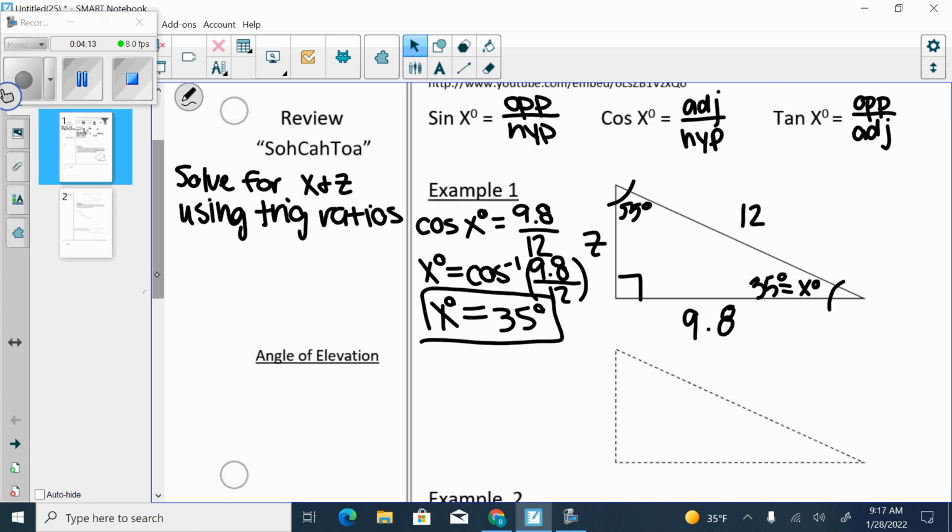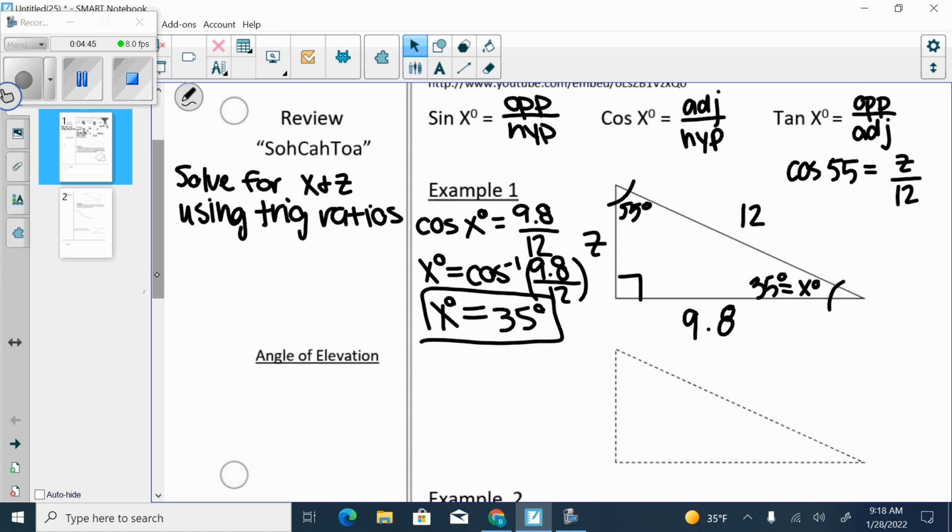So I could pick: do I want to use cosine or tangent, because I know both the hypotenuse and the opposite side. Which one would you guys prefer to use, cosine or tangent? Cosine? All right, so we would have cosine of 55, the angle you said you want to use, is equal to adjacent, which is z, over the hypotenuse, which is 12.